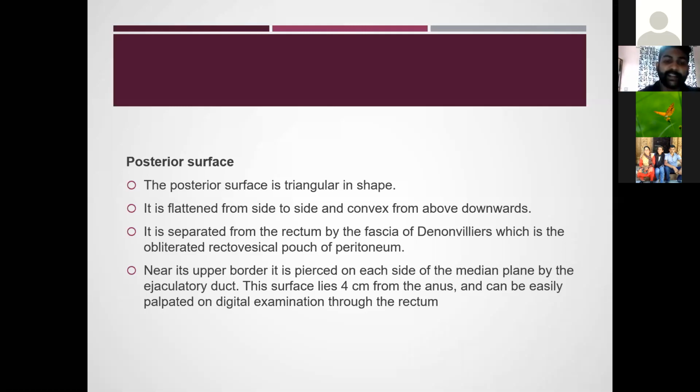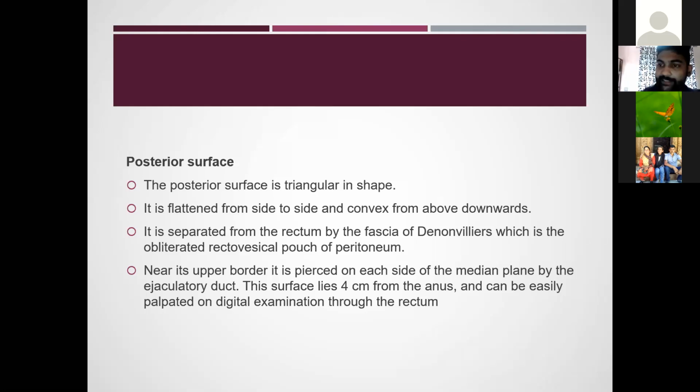Near its upper border, it is pierced on each side of the median plane by the ejaculatory duct. This surface lies 4 cm from the anus and can be easily palpated on digital examination through the rectum.